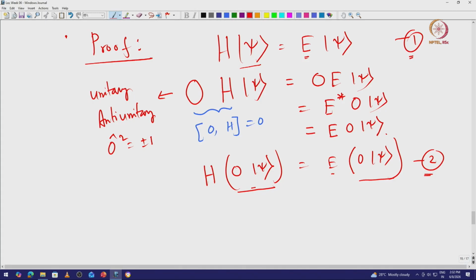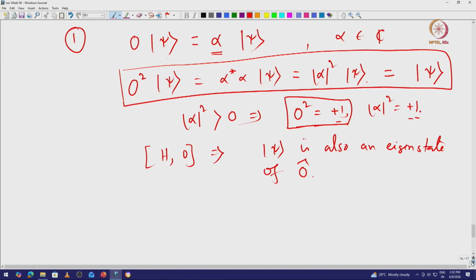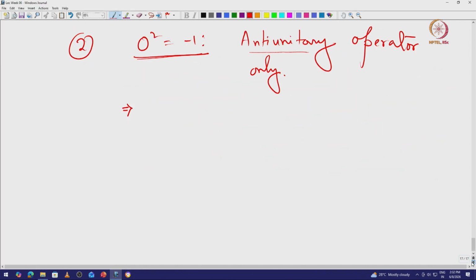One possibility is obviously that O acting on the state gives you back the state, which we just considered. The other case is that these states are orthogonal, and this is going to be the case here. So, all eigenenergies will always be degenerate.